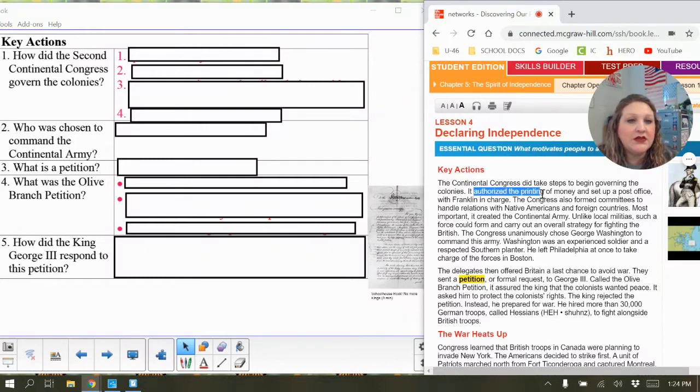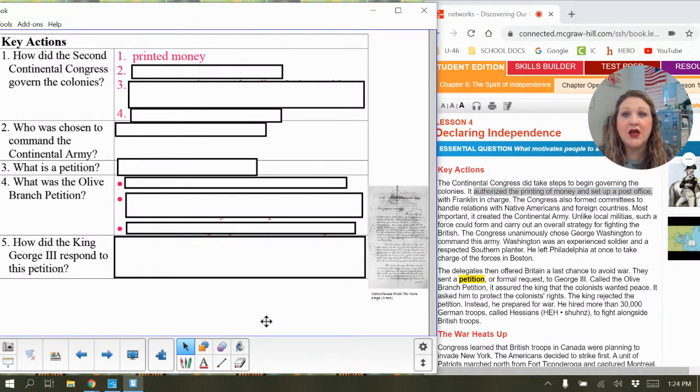So one of the things that they did was authorize the printing of money, and they set up a post office. So even though they kind of come together there in the text, they're actually 2 separate answers because they're definitely 2 separate things. So they authorize and print money, and they set up a post office.